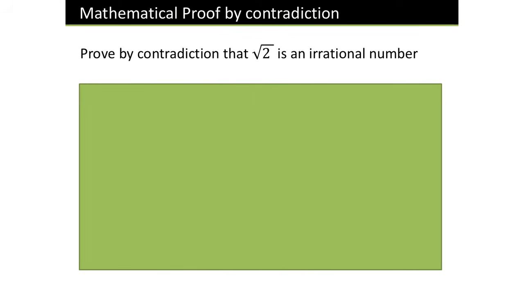Prove by contradiction that root 2 is an irrational number. So what's our assumption going to be? Yes, we're going to assume root 2 is a rational number. Okay, now, what is a rational number?